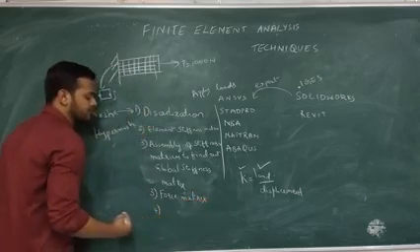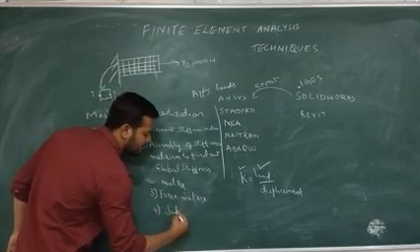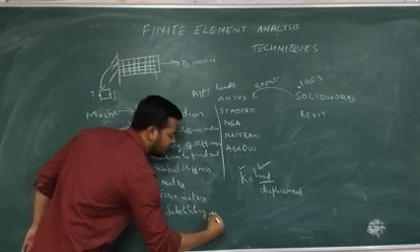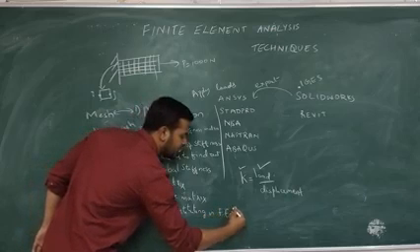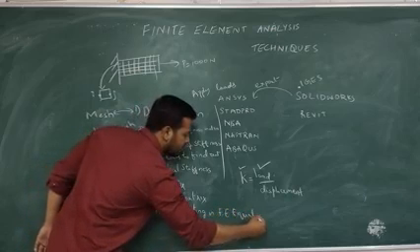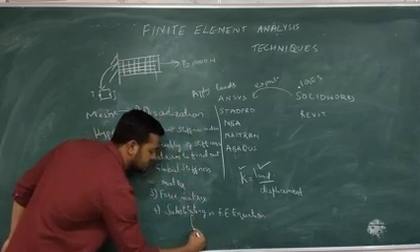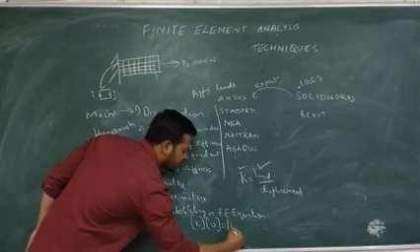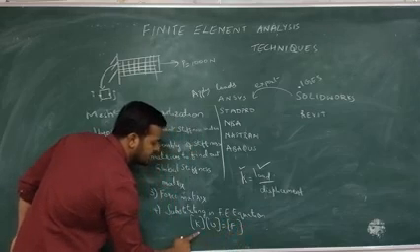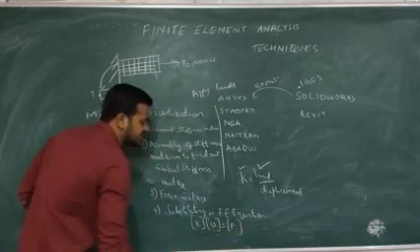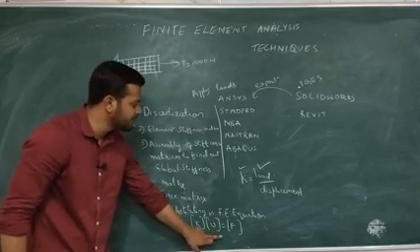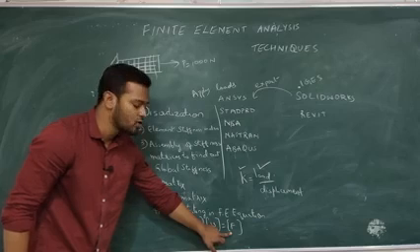Next is substituting in the finite element equation. The finite element equation is K into U equals F, because K is force by displacement. In finite element analysis, U stands for displacement, and F is also called force or load.